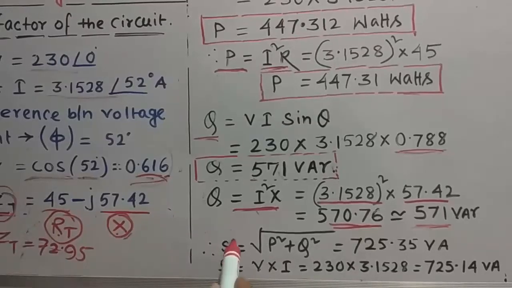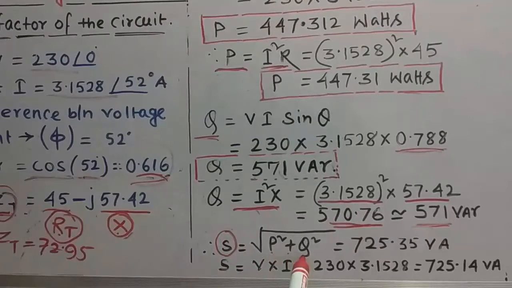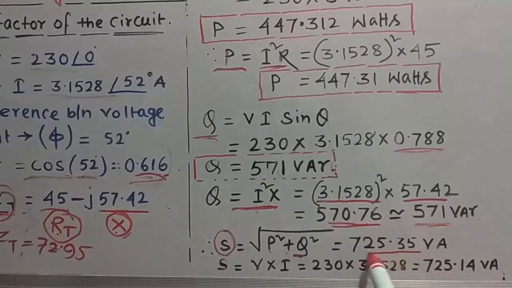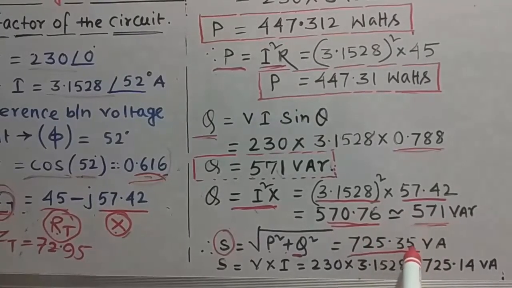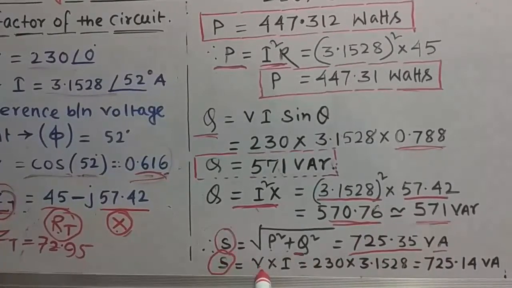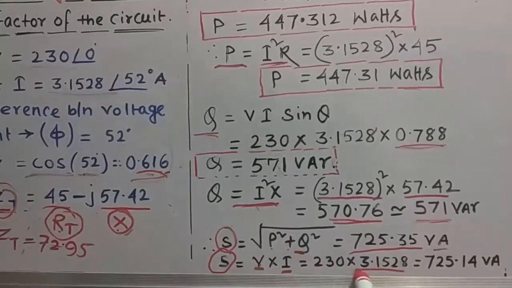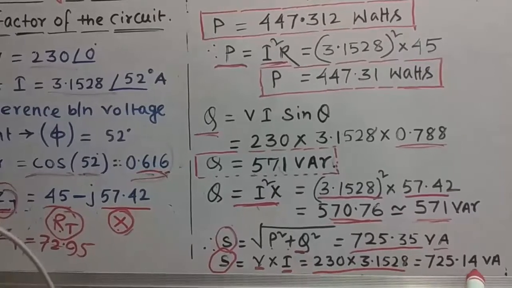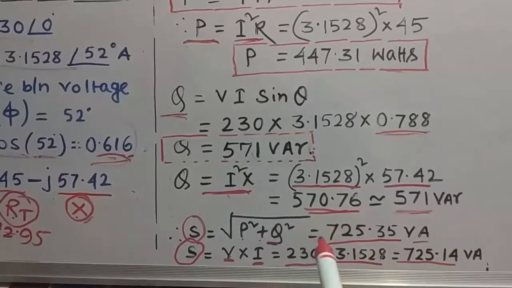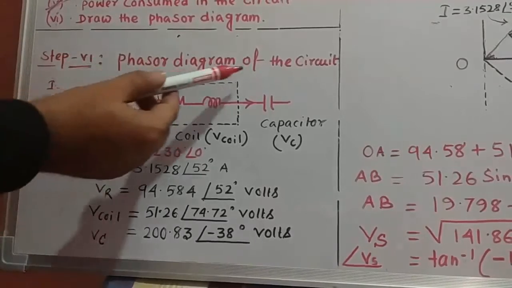I also calculated the apparent power S, that is the square root of P square plus Q square, active power square plus reactive power square, and it is coming 725.35 volt ampere. In another way also you can calculate the apparent power, that is only voltage multiplied by the current without angle. If I perform this, I am also getting 725.14, which is approximately equal.